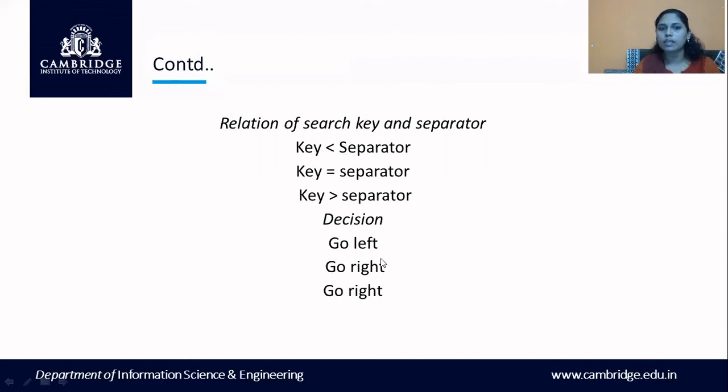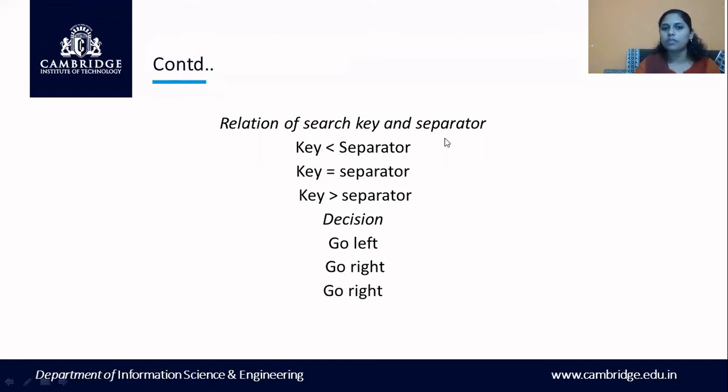That means it is present in the immediate next block after that separator. If the key is greater than the separator, the decision you should make is to go right. That means in the consecutive next blocks, the key you are searching is present. This is the relation of the search key and the separator.